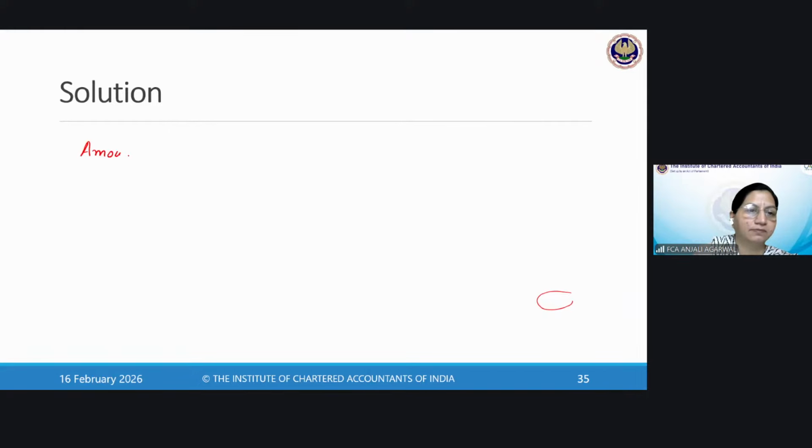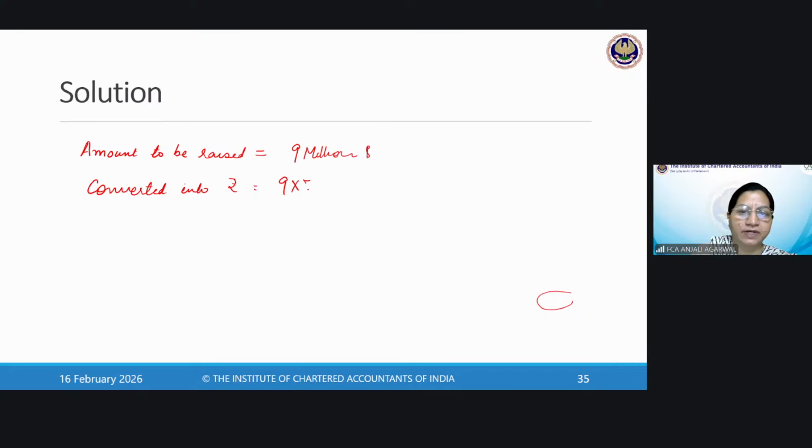Amount to be raised: 9 million USD converted into rupees. 9 million into 72 is 648 million rupees.